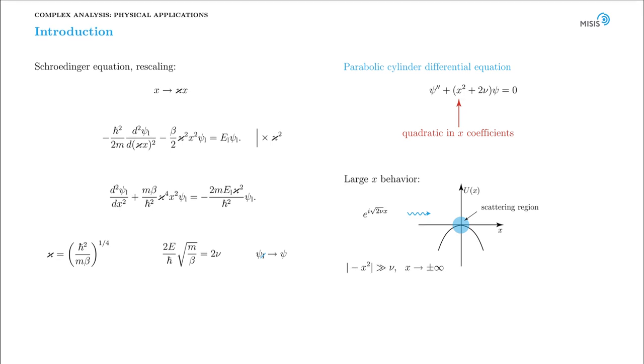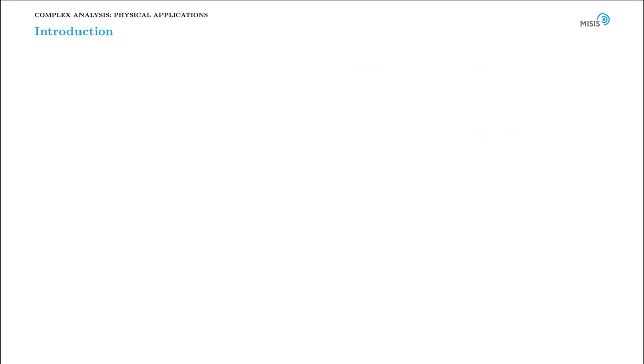Its modulus grows and is much larger than the total energy of the particle, which is of the order of nu. Generally speaking, the behavior of the solution at large coordinates is called an asymptotic in math. As we will see in a minute, the knowledge of asymptotic behavior often helps to simplify most differential equations we encounter, let it be quantum mechanics or mathematical physics as a whole.